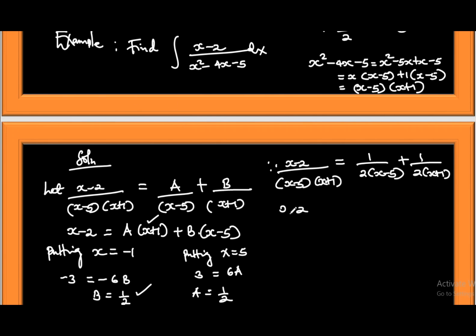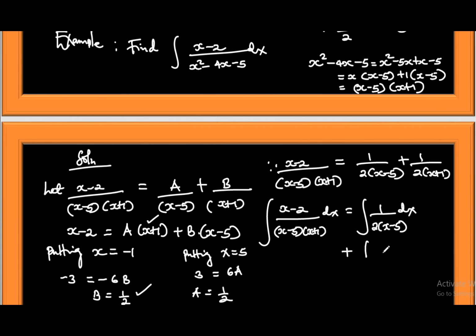So we can now easily say that integral of x minus 2 divided by x minus 5 into brackets x plus 1 dx is actually the same as the integral of 1 out of 2 into x minus 5 dx plus integral of 1 out of 2 into x plus 1 dx.